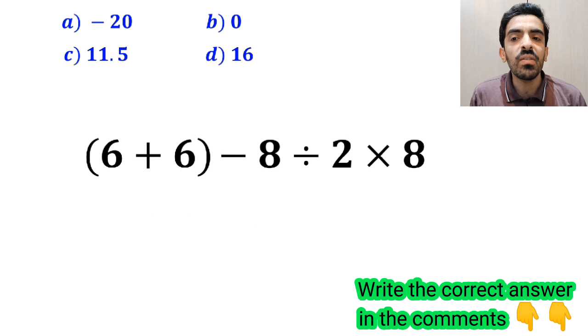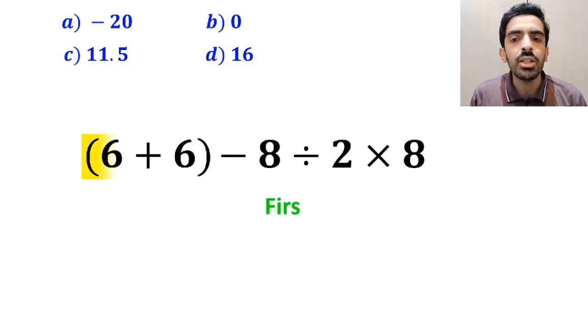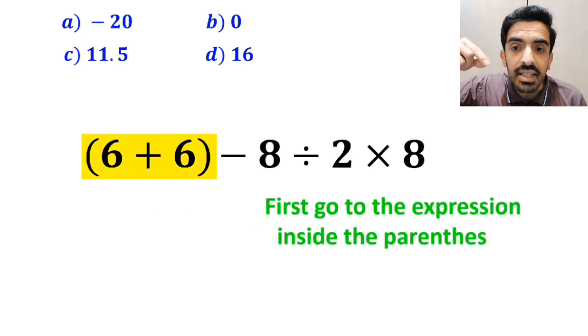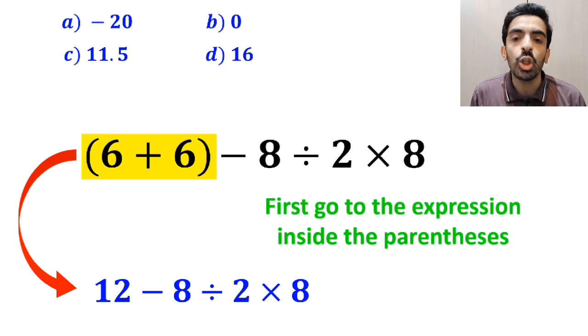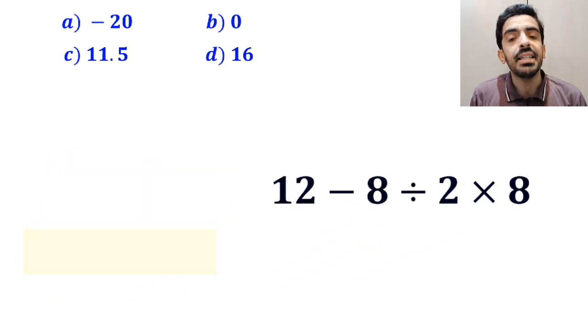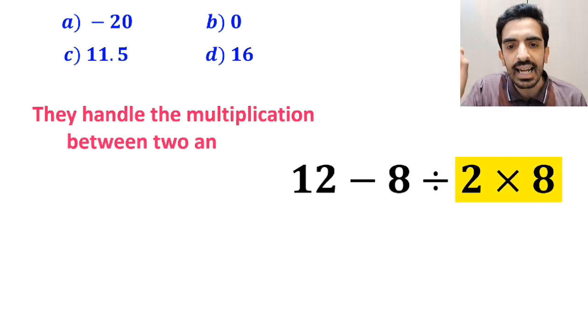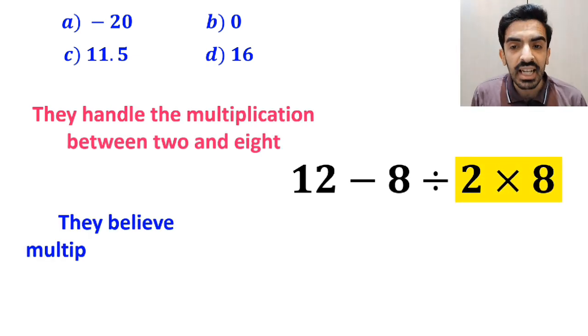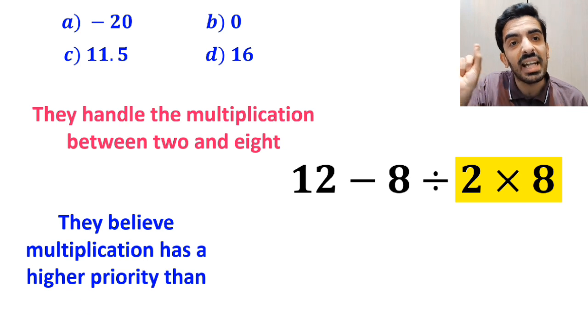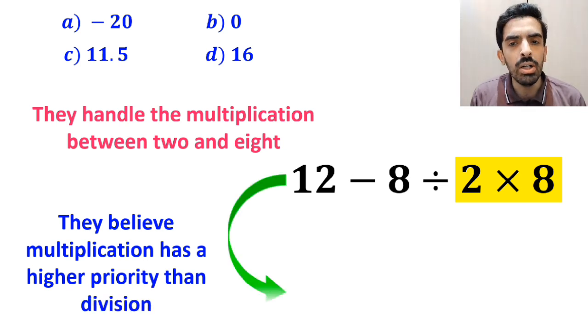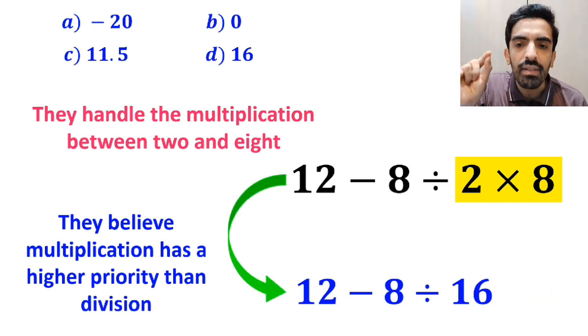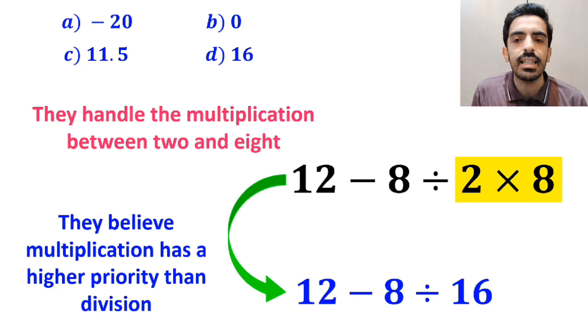Also, some other people, when solving this question, first go to the expression inside the parentheses and write this expression as 12 minus 8 divided by 2 times 8. In the next step, first they handle the multiplication between 2 and 8 because they believe multiplication has a higher priority than division. So, they rewrite this expression as 12 minus 8 divided by 16.